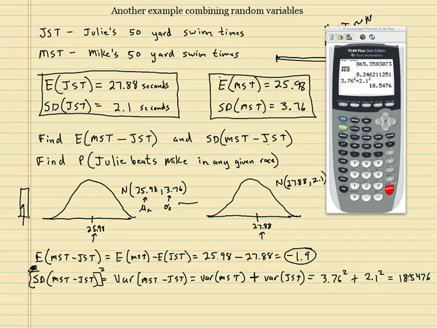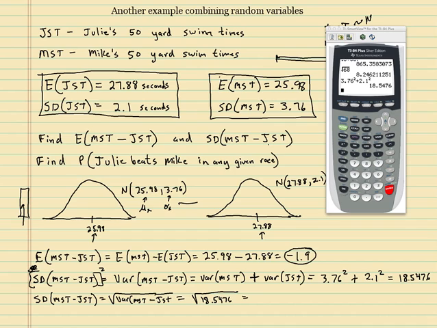That's the variance, but you want the standard deviation. So the standard deviation of MST minus JST equals the square root of the variance of MST minus JST, which is the square root of 18.5476.